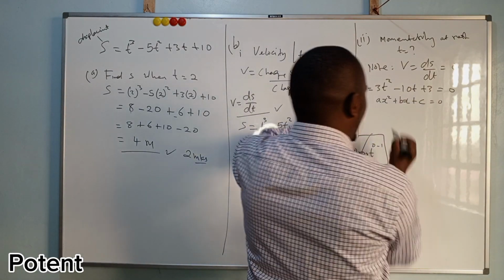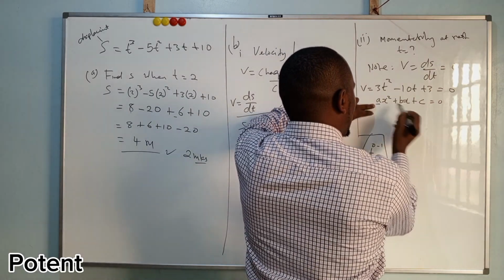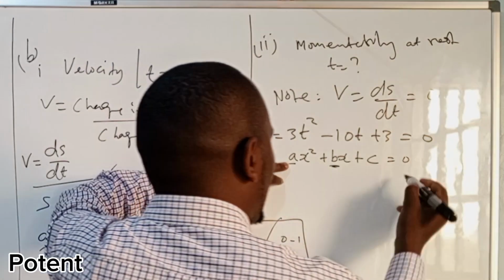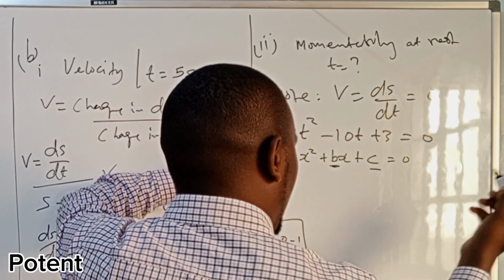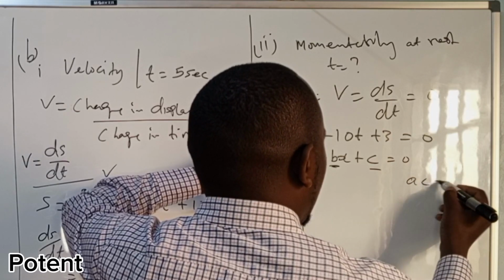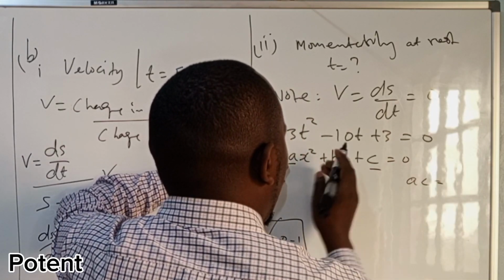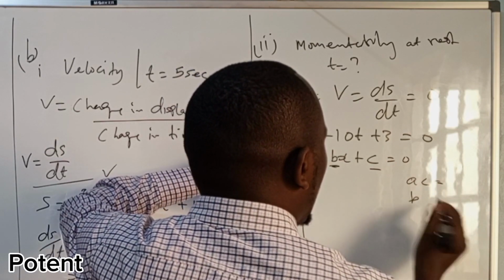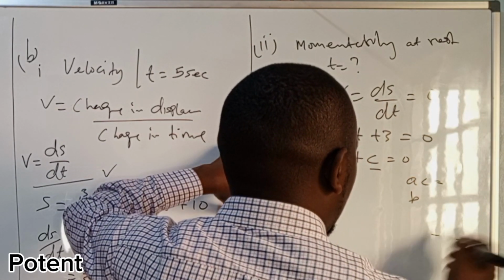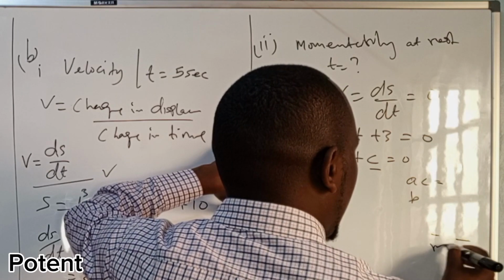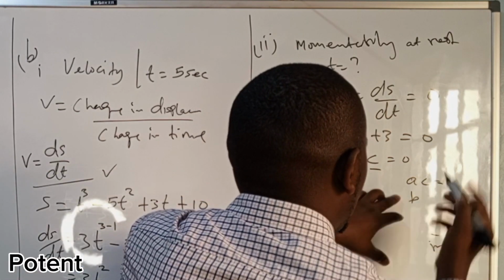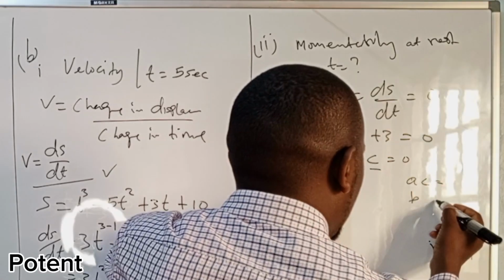With this, you are supposed to split the middle term into 2 values or factors, where, maybe let's call them M and N, if you multiply them, they give you AC, and if you add them, they give you B.